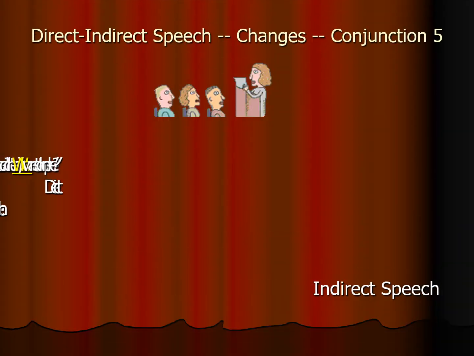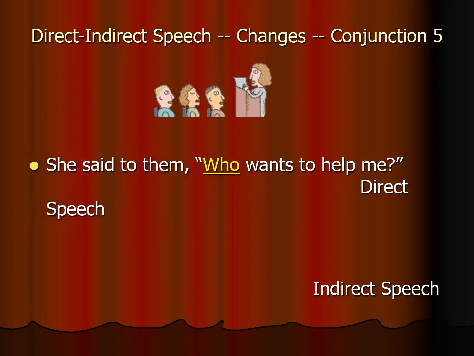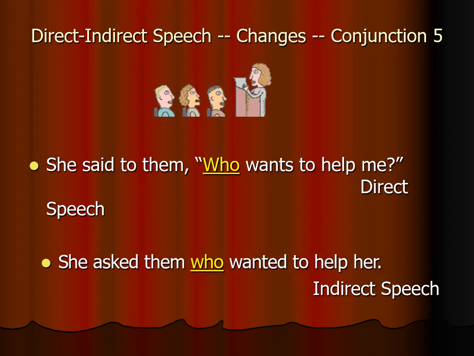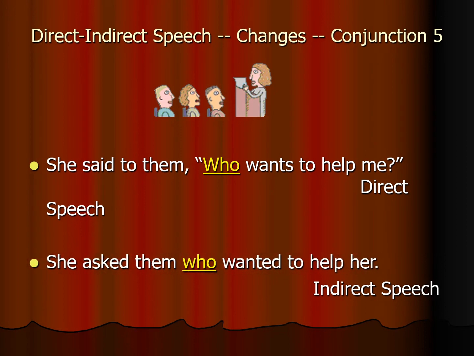Here is another example. She said to them, "Who wants to help me?" Direct speech. She asked them who wanted to help her. Indirect speech. Notice that who has not changed.